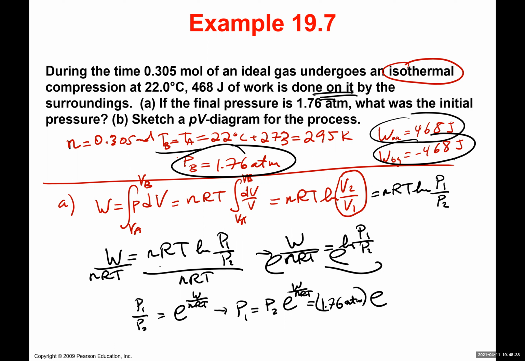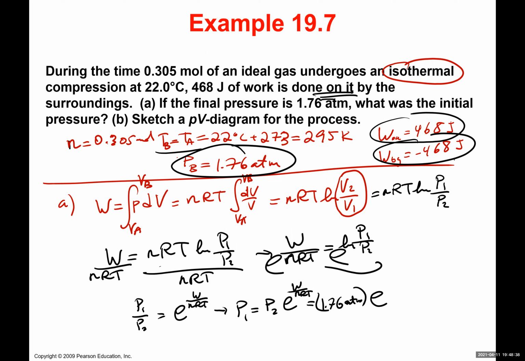That means I can get that value for the initial pressure, and we can see there was an increase in pressure because it was an isothermal compression. If I'm looking at the diagram, there's not much room, but I can do it right here. If I have a PV diagram, I can see that I started with low pressure right here, and it's an isothermal process, so like that. I start from here, this is my A, and I go somewhere over here, which is my B, along the same isotherm.